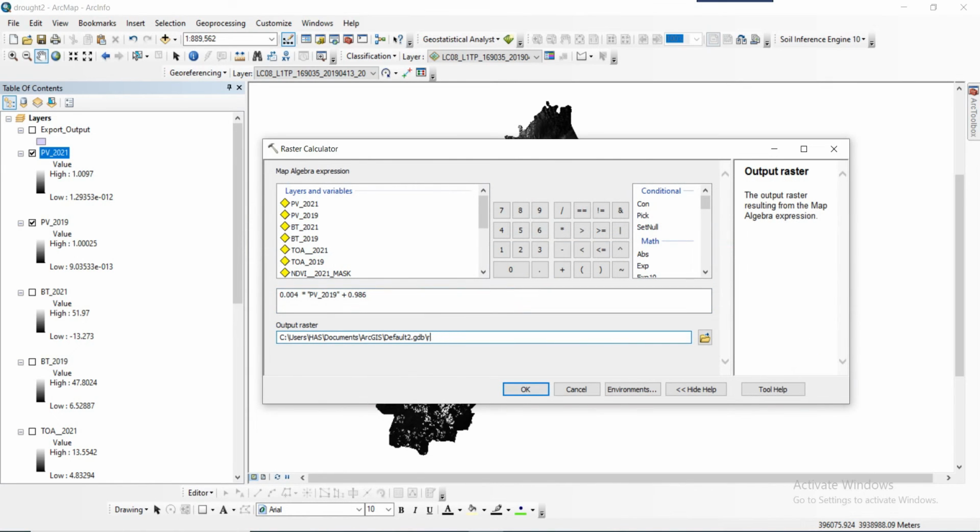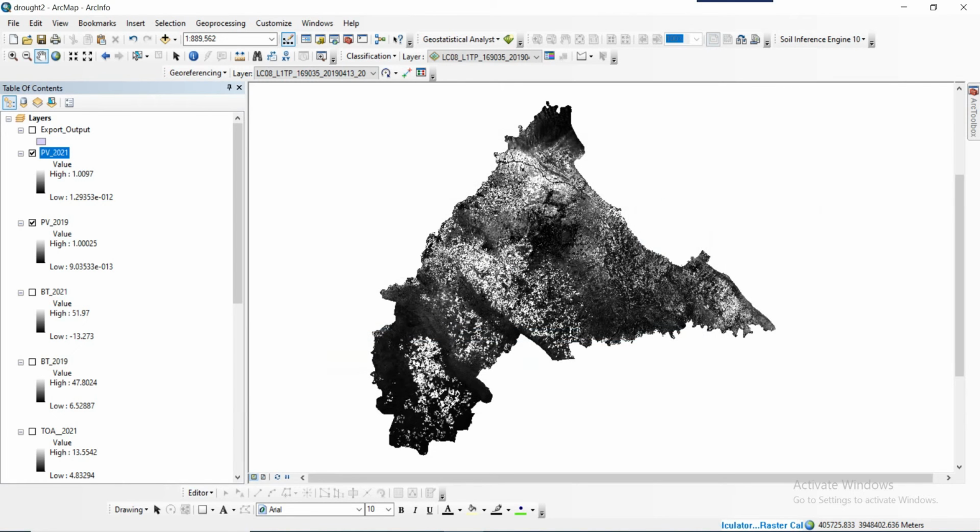So this is the emissivity. We can call it E or whatever symbol you want for 2019, and okay.